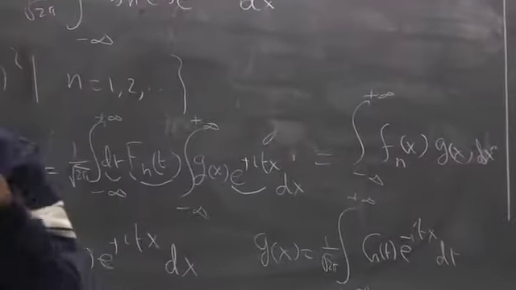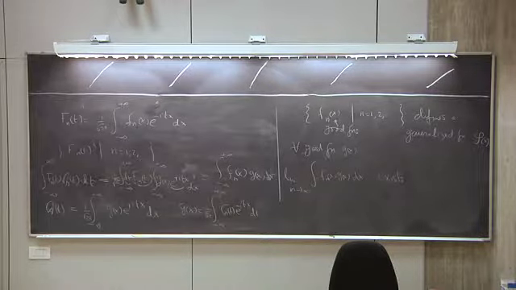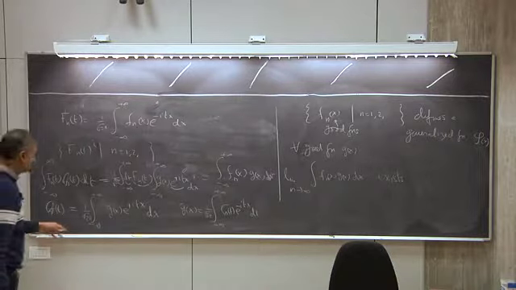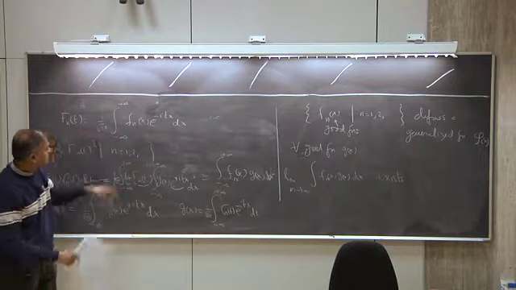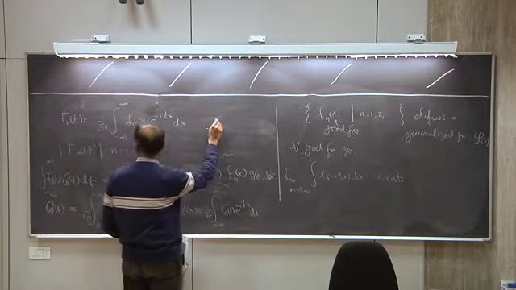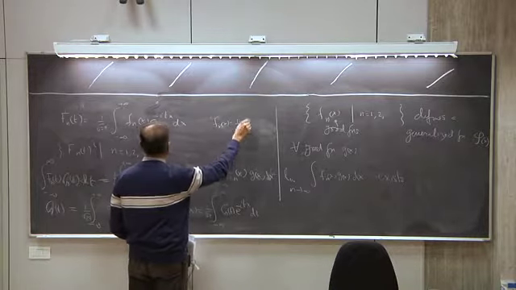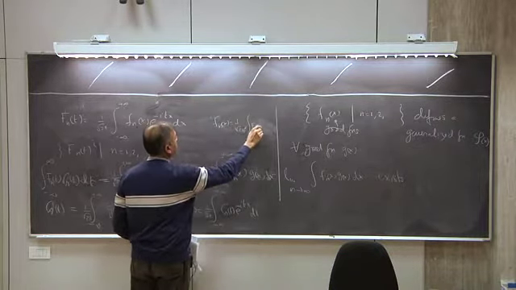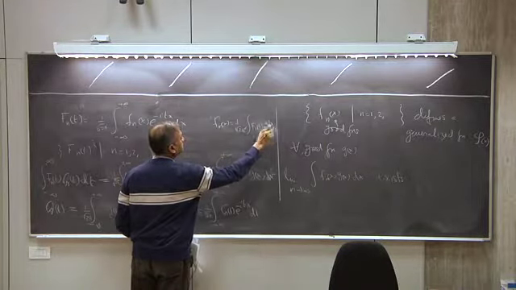I just wanted to get back this expression. You see, the inverse Fourier transform is f_n(x) equal to 1 over root 2 pi times the integral of capital F_n(t) e to the plus i t x dt, correct?